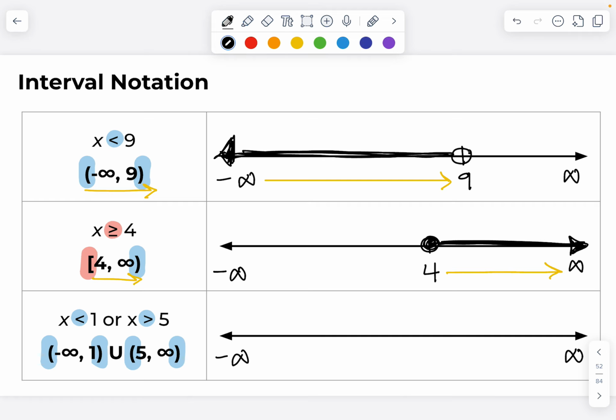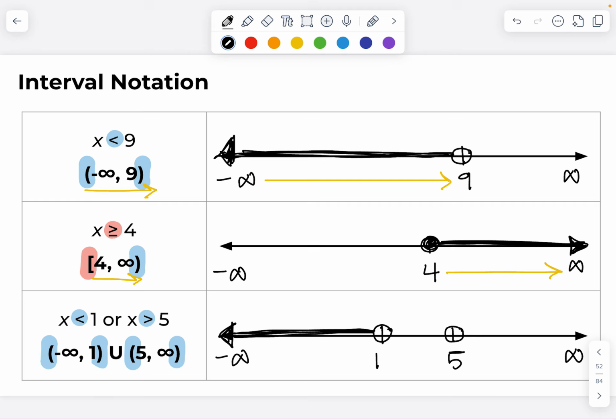I'm going to go ahead and plot these points. We'll say 1 is about here. We'll say 5 is about here. Both get an open circle. What this looks like is x is less than 1. If I'm less than 1, I'm anything that is smaller than 1, so it's all of these values going down to -infinity.